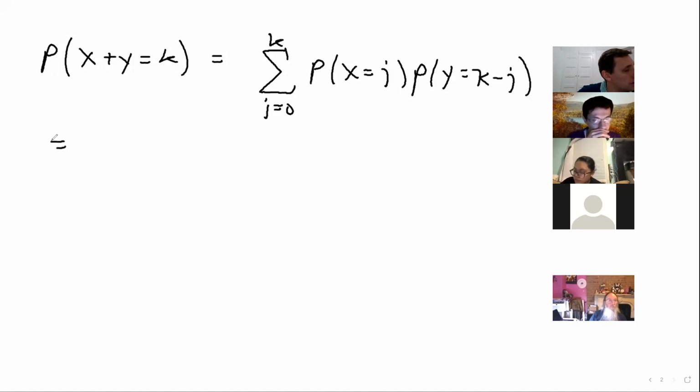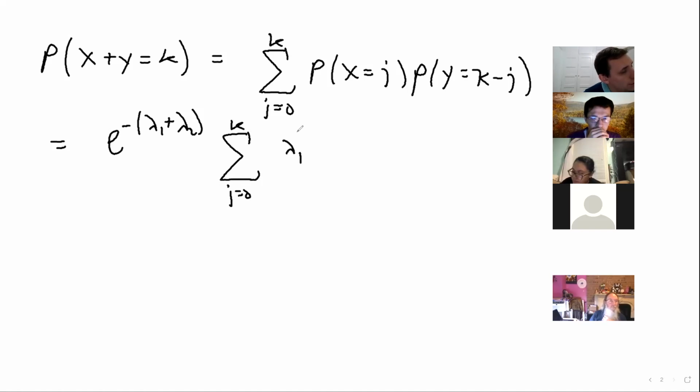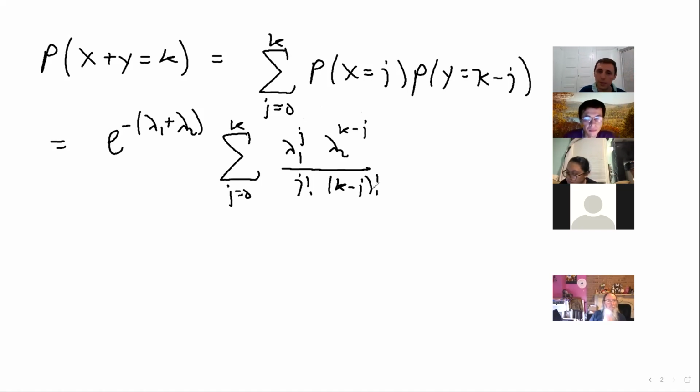And then when we calculated it, we saw that we can factor out an e to the minus lambda 1 plus lambda 2. And now what remains in the summation, j equals 0 to k, is lambda 1 to the j, lambda 2 to the k minus j, divided by j factorial, k minus j factorial. Make sense?